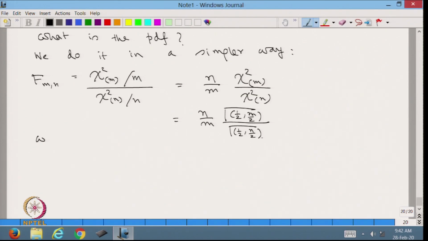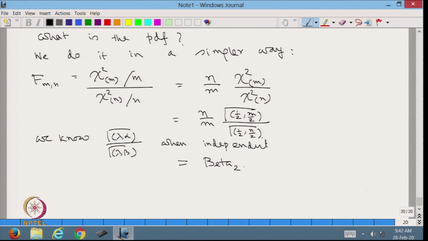Now, we know that Gamma(lambda, alpha) upon Gamma(lambda, beta), when independent, becomes Beta 2 with alpha, beta.